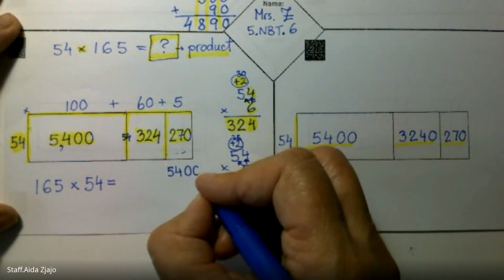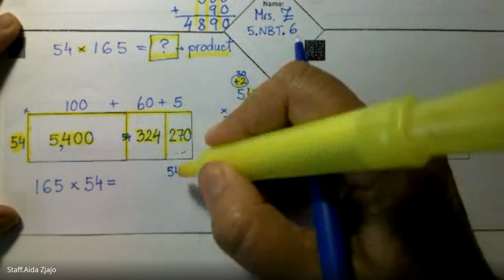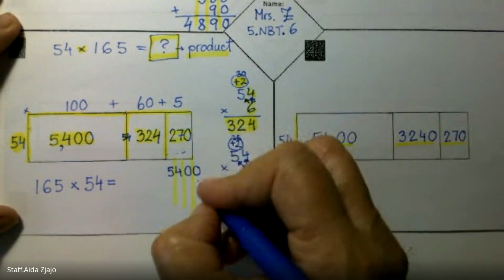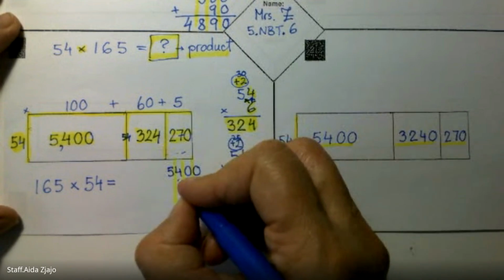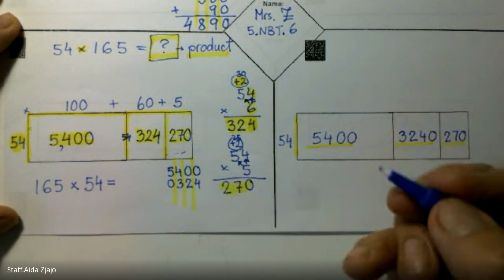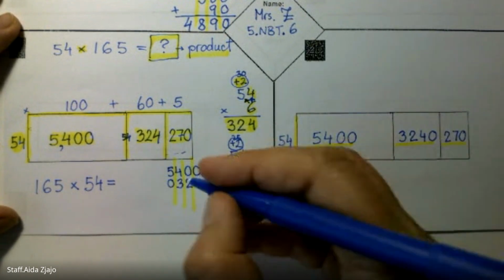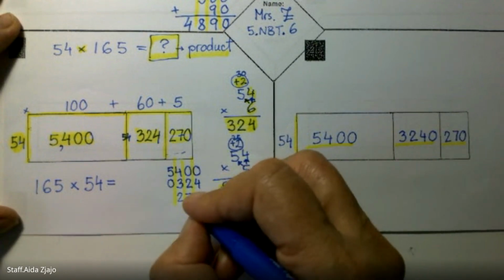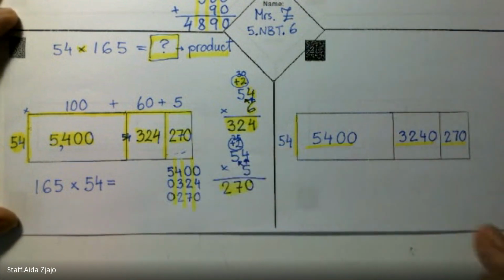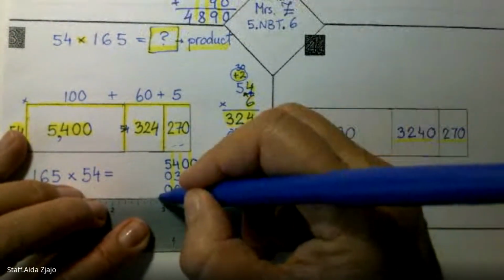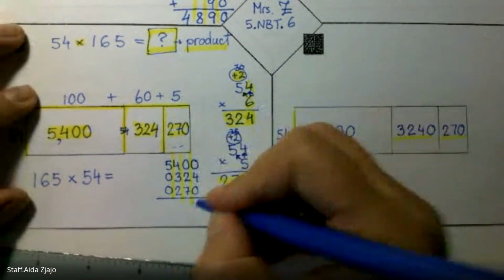Then draw the lines through it. 324 doesn't have any thousands, so I can put 0 here to make clean work, or 270 doesn't have any thousands either, so I'm allowed to have the 0 so I don't make messy work.